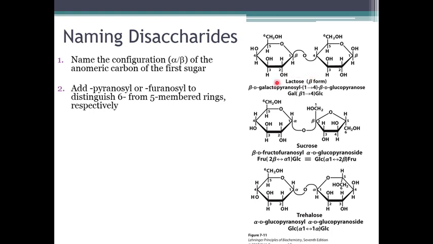In case of lactose, it was two 6-membered rings, and hence pyranose is used. In case of sucrose, which is a combination of glucose and fructose, one uses fructofuranosyl and alpha D-glucopyranosyl.